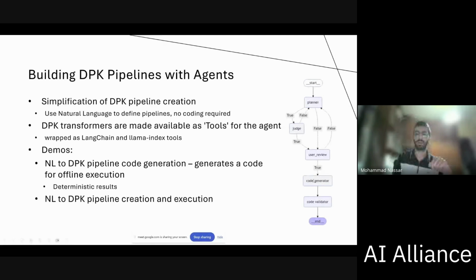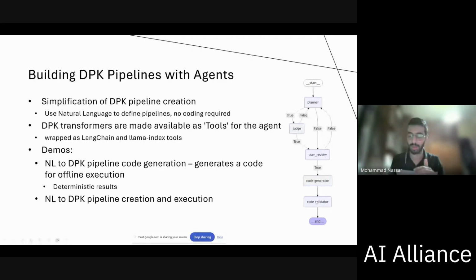In the code generator, we get the plan, which is the steps of DPK transformers, and an LLM generator generates a Python file that can be run by any user, or can be run more than once. That demonstrates the DPK pipeline that we want.